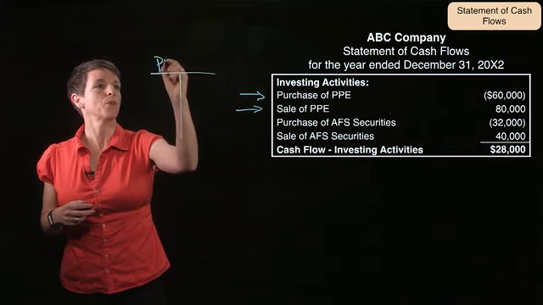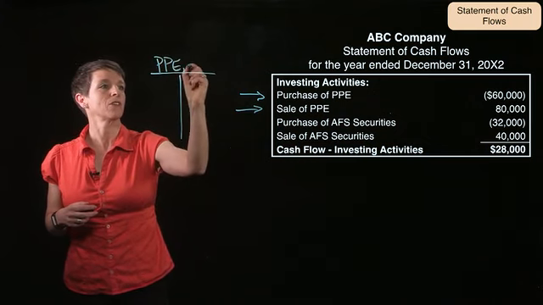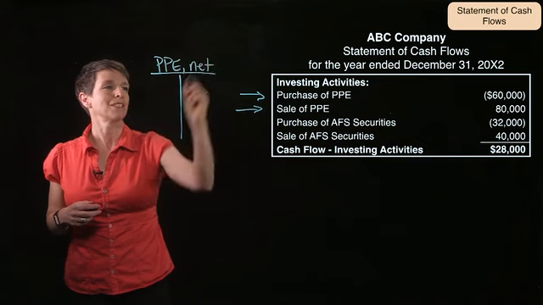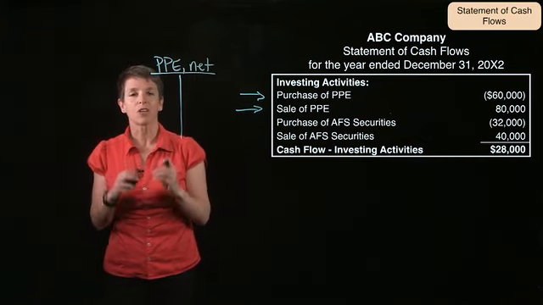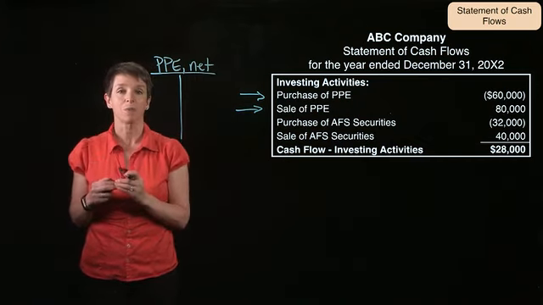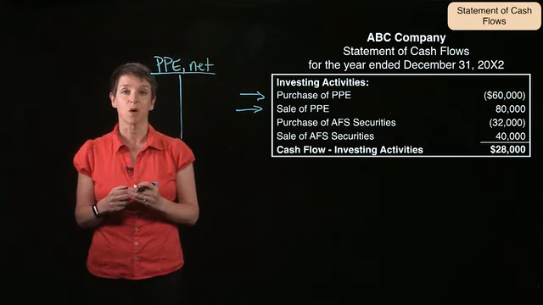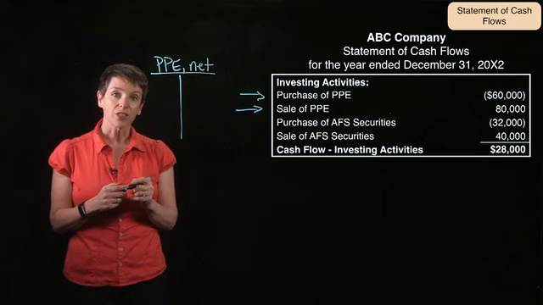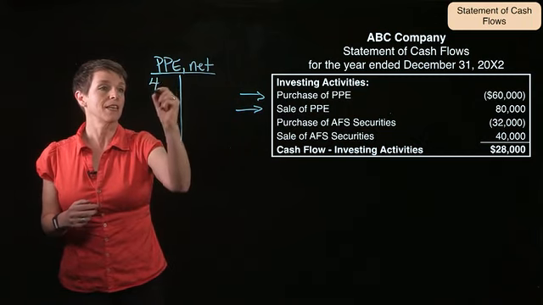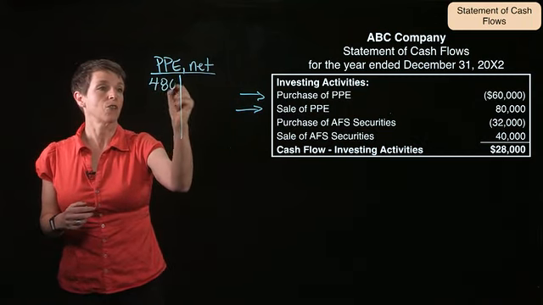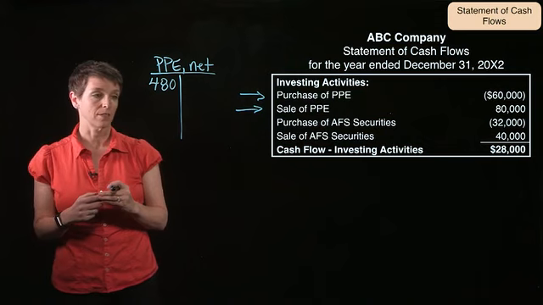We're going to look at the property, plant, and equipment T account on a net basis. So that means this account includes not just the cost of the property, plant, and equipment, but also the accumulated depreciation as well. If you look at your balance sheet, you'll see that the beginning balance in this account was $480,000.